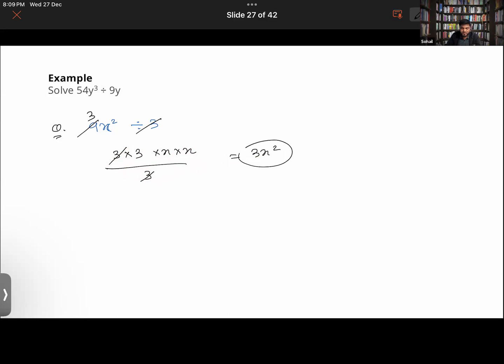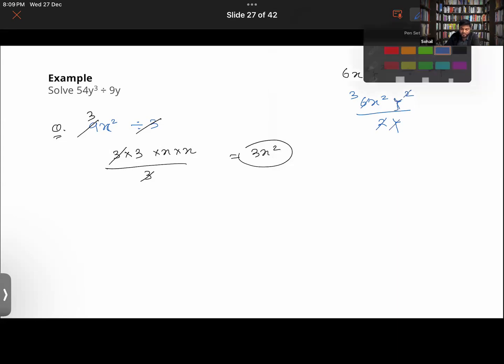So for example, what if I were to have a term 6x square y square, and now I am dividing it with 2y? Quickly, everyone, do tell me. 3x square y. Exactly. So that is 6x square y upon 2y. 2 cancels 6 by 3 times, and y will reduce the exponent of y to 1 only.